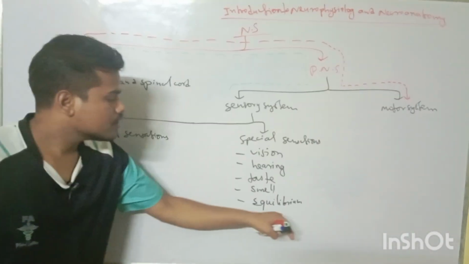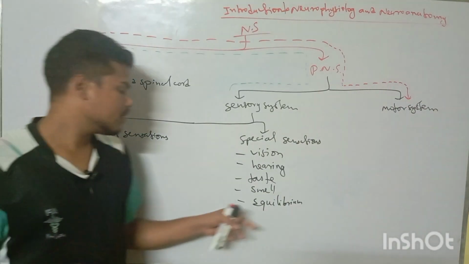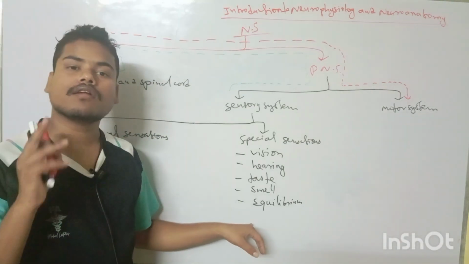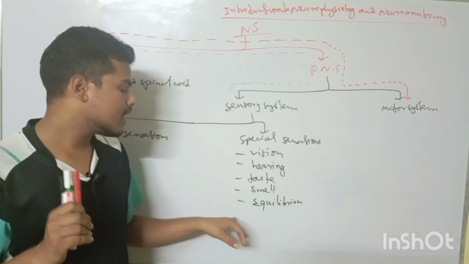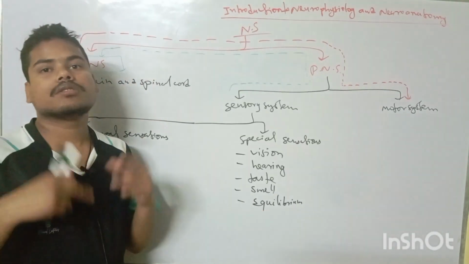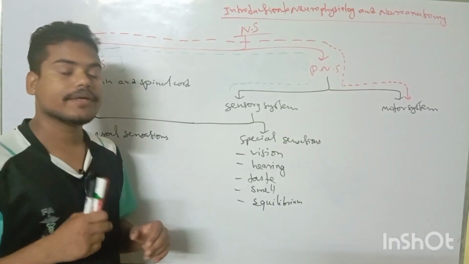So this is also the special sense. Why? Again here two reasons come. First, it is carried by the cranial nerve, the vestibulocochlear nerve, and second, it is localized in the specialized organ, that is the ear, inner ear.